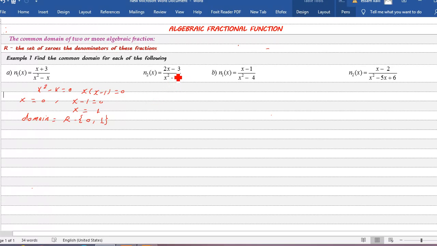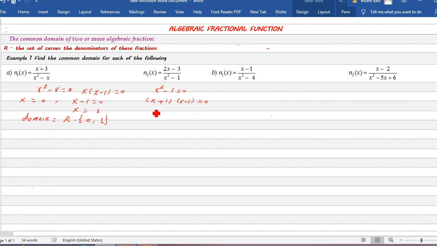Find the set of zeros of the denominator. Then x² minus 1 equals 0. Open two brackets: the difference between two squares, x and x, 1 and 1, positive and negative, equals 0.